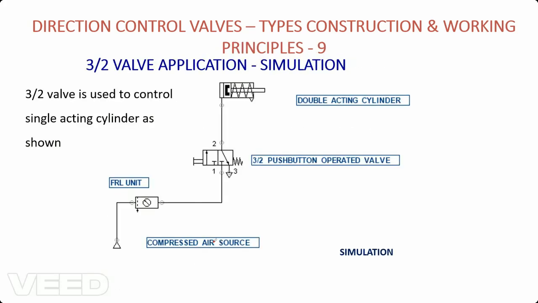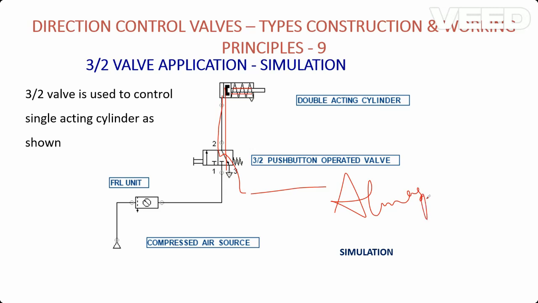Whenever I press the push button, air flows and the cylinder moves forward. If there is no activation in the push button, the spring will push it backwards, and this air comes from 2 to 3, and from 3 we release it into the atmosphere. So this is how we use a 3 by 2 open position valve for working of a single acting cylinder. I hope you guys got an idea.